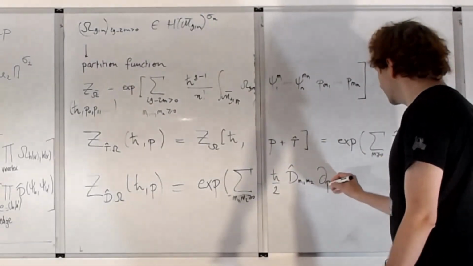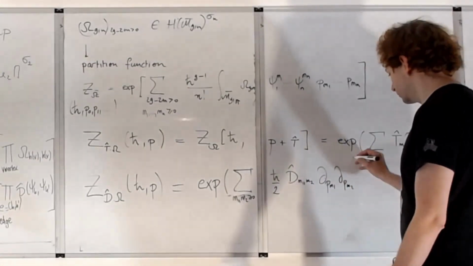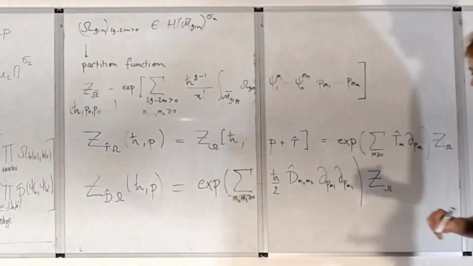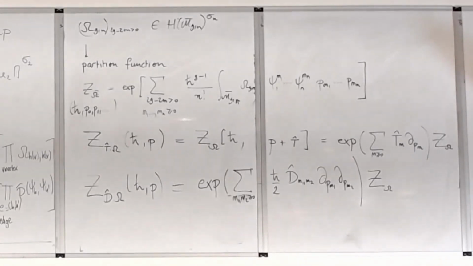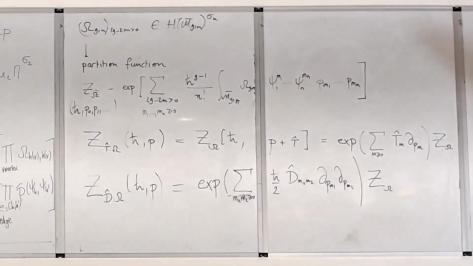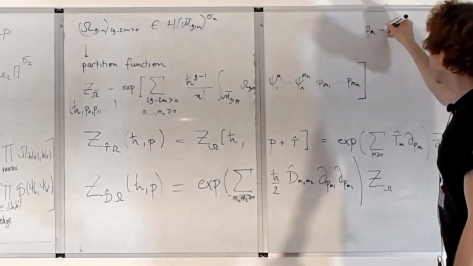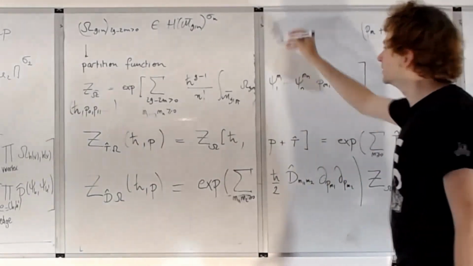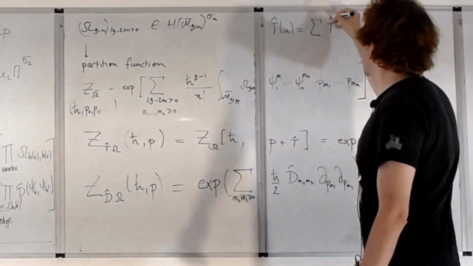And here d p m1, d p m2. Applied to Z omega. Yes? What do you mean by your notation p plus t hat? I mean the collection of variables p m plus t hat m, where these t hat m are the coefficients.